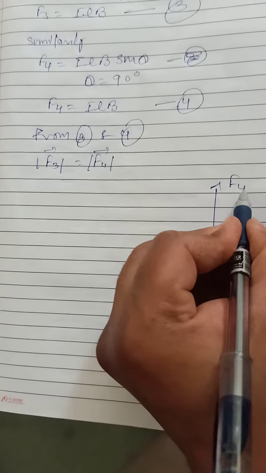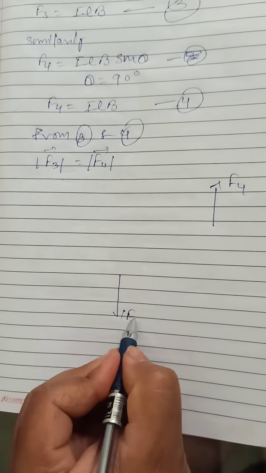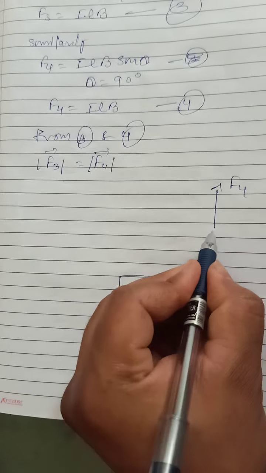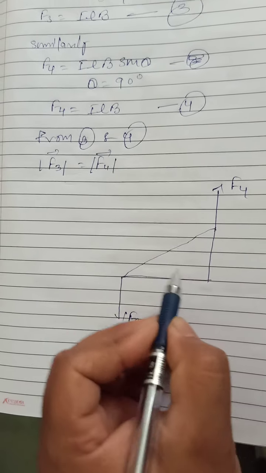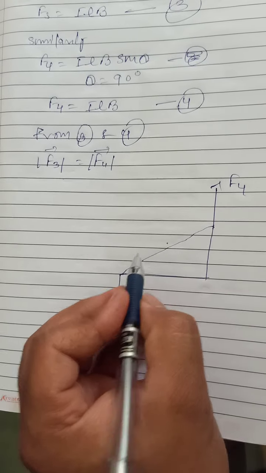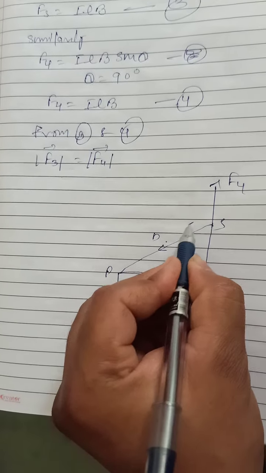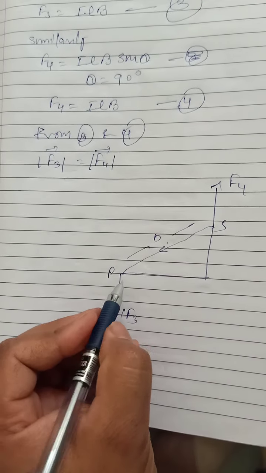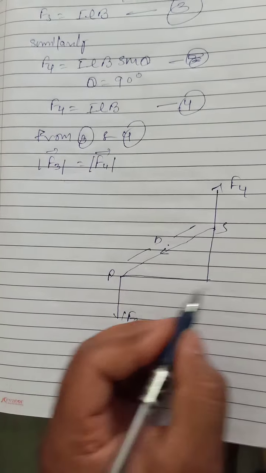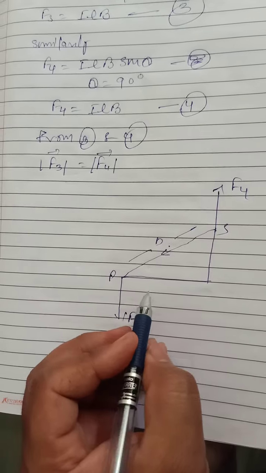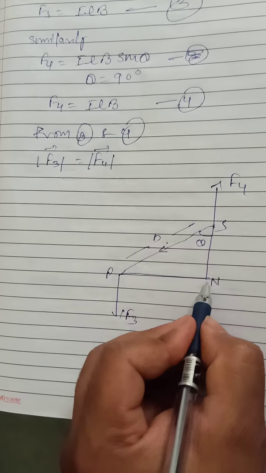Say this is F4, this is F3, this is PS, this is B. So the line of action of F3 is this and the line of action of F4 is this. So they are acting along different lines of action, so they produce torque. Say this is the perpendicular drawn.